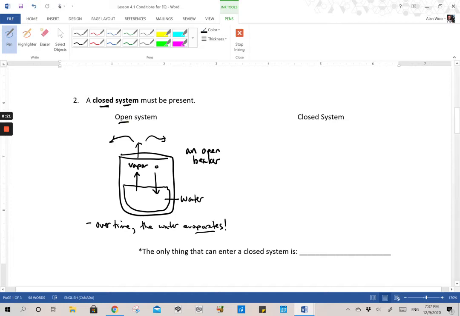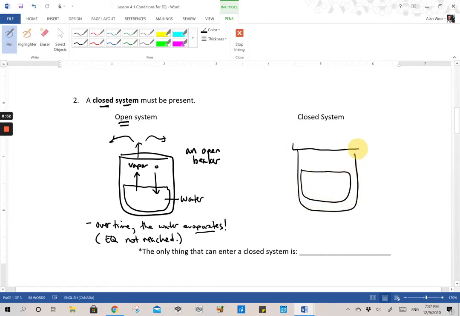So in an open system, equilibrium is not reached, because eventually you'll see a change. So the easiest way to fix an open system, especially if it's a beaker filled with a fluid, is to put a cap or a lid on top.